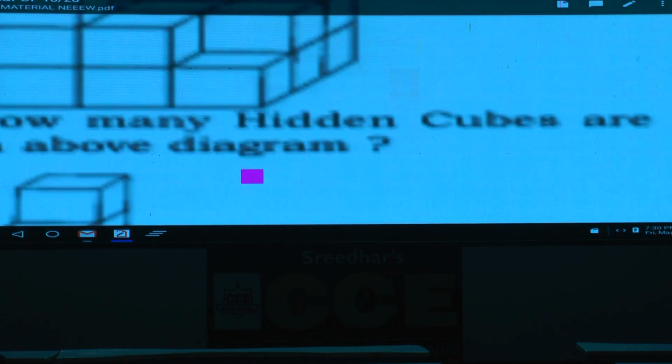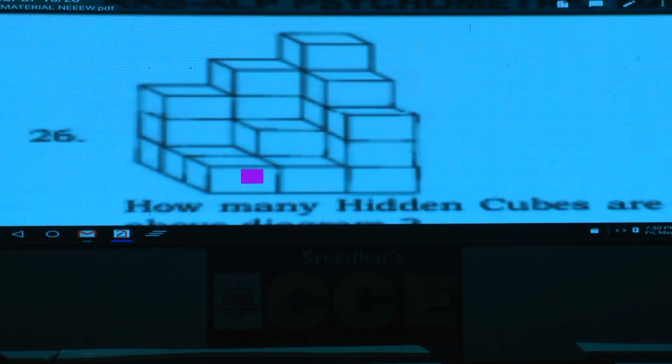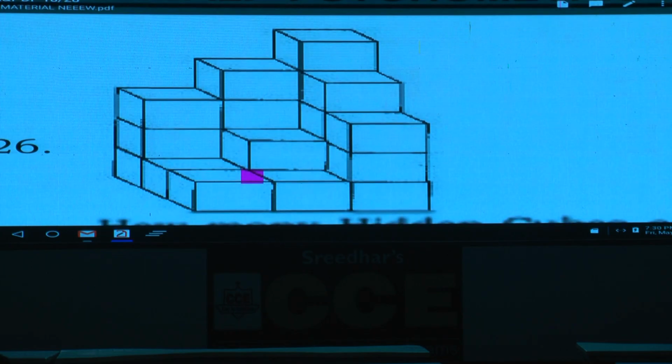Then 25. Then question numbers 26 to 30. On the screen itself. Work out on the screen itself.